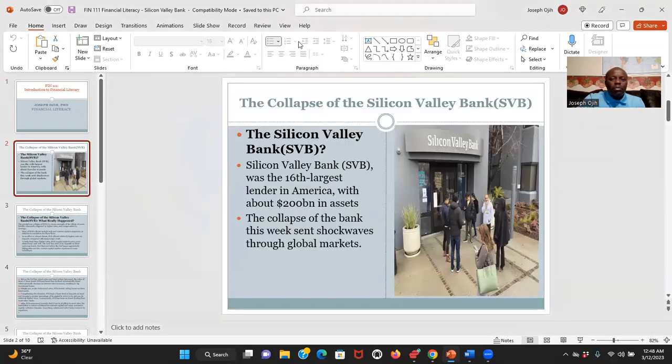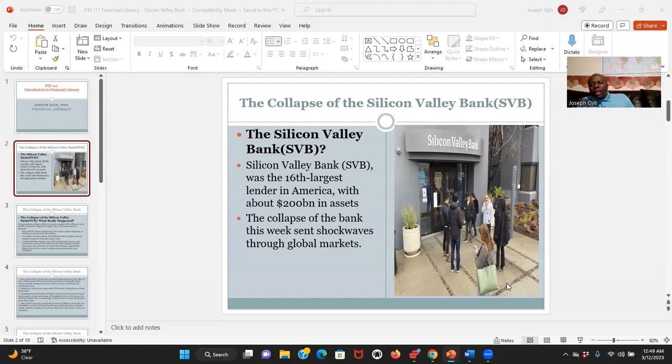Okay, we can make sure we are seeing this. Good. Now, remember that the Silicon Valley Bank is the 16th largest lender in America, and it has an asset that is worth $200 billion. So naturally, it collapsed this week.